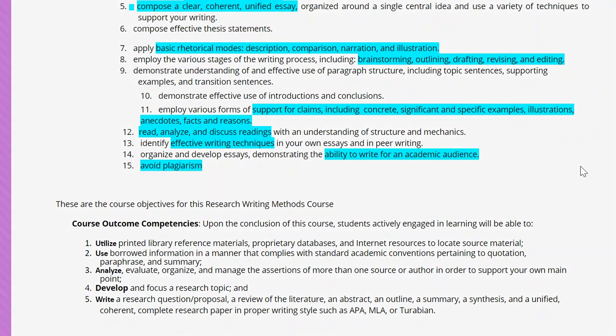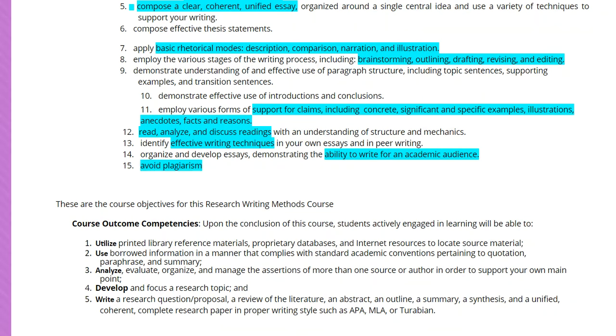Now, in this course, building on these prerequisite skills, this is what we're going to do in this course. We're going to utilize library resources. We're going to use information. We're going to analyze, develop, and write research-based essays, all of which are on topics that interest you, with the exception of the chapter work, which does include some choice there, but that's some mechanical things that we need to go over.